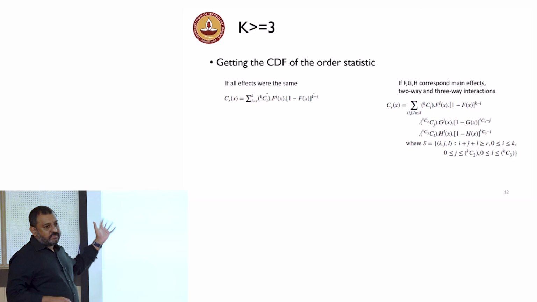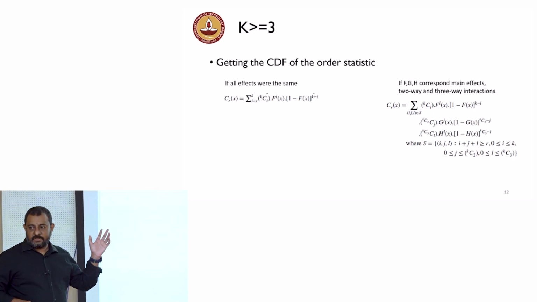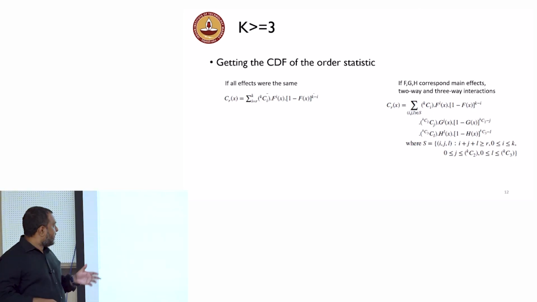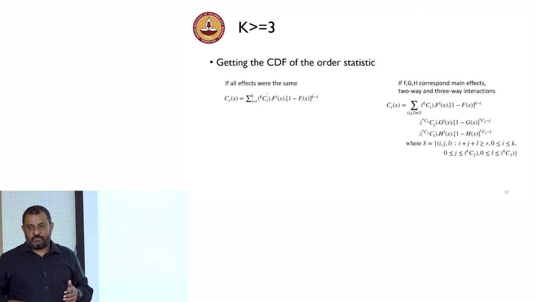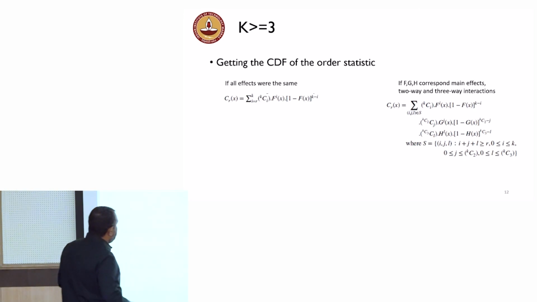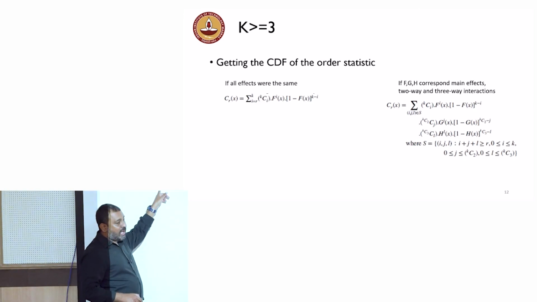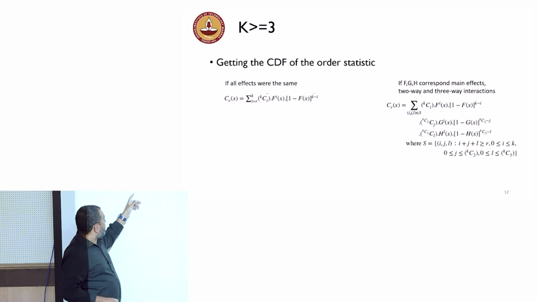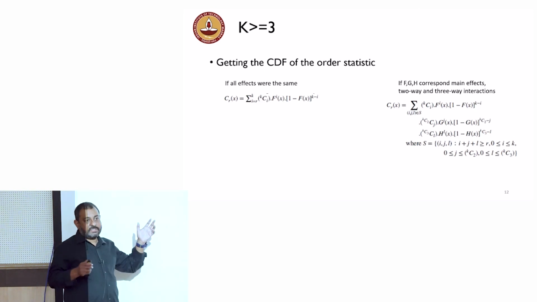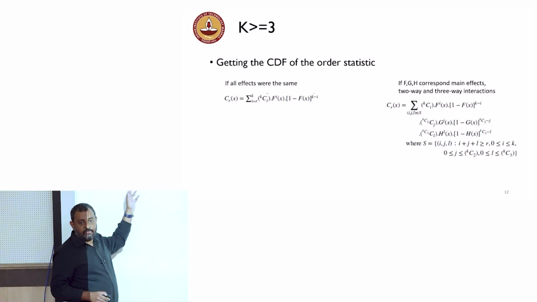The cumulative distribution function from an order statistics perspective is fairly straightforward. Imagine the 63 terms, right? If they were all coming from the same distribution, it just takes on a simple binomial form, right? You're able to say that this is the rth order statistic. So imagine this is the 4th order statistic out of 10 terms. Let us say there were 10 terms, and you're asking what is the CDF of the 4th term.